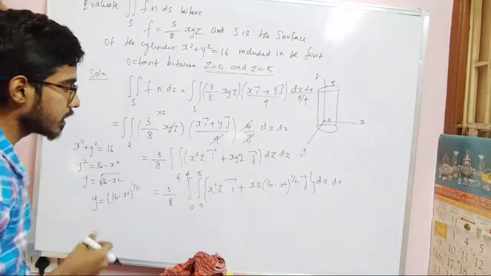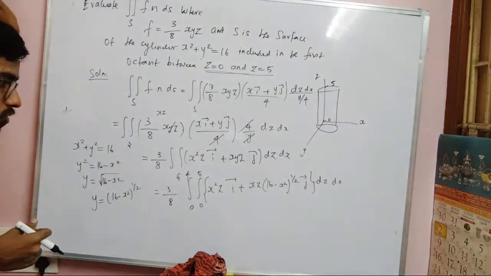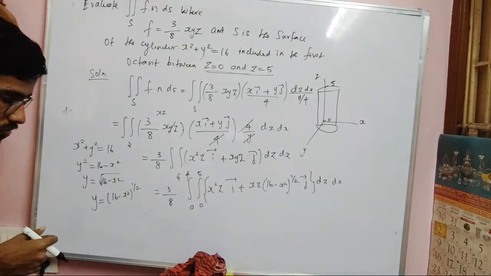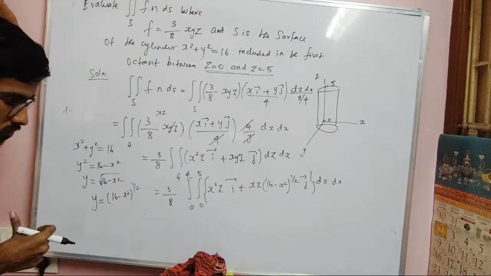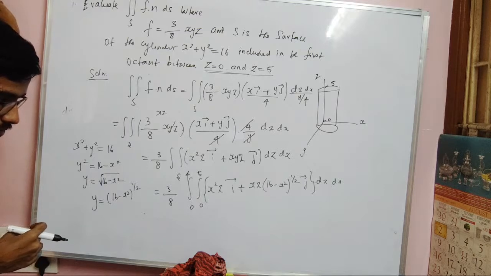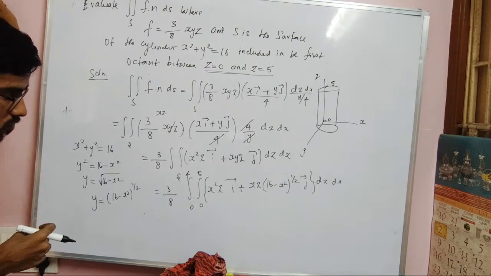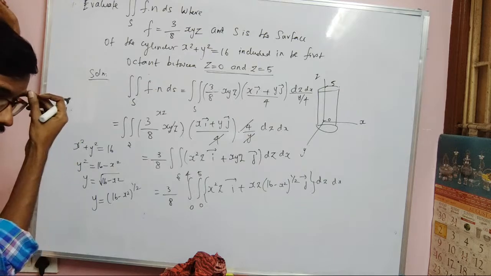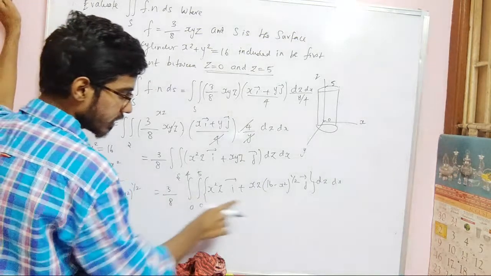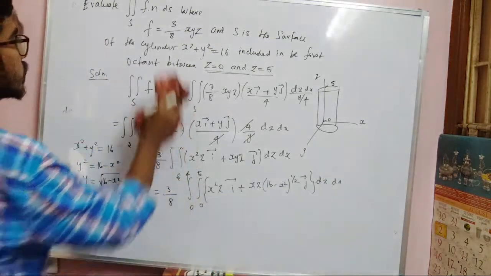So first we need to integrate this with respect to z. Now you can see that I can take z outside here, because z is common.